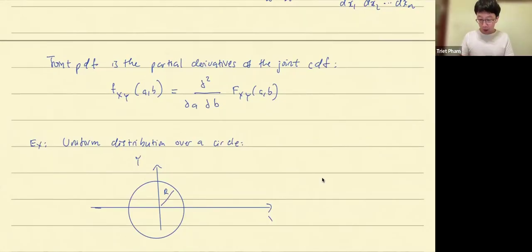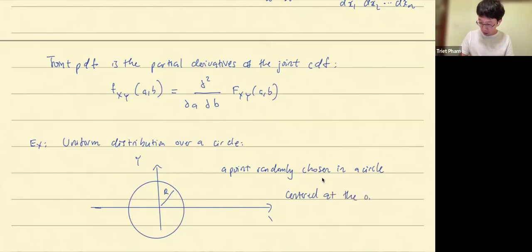And we look at a point randomly chosen, and I think we discussed this before, a point randomly chosen inside a circle centered at the origin and radius r.